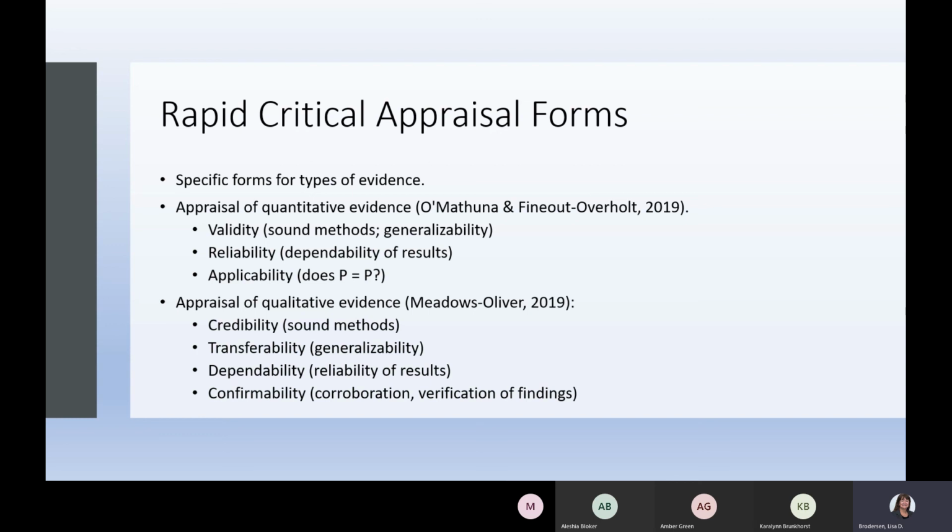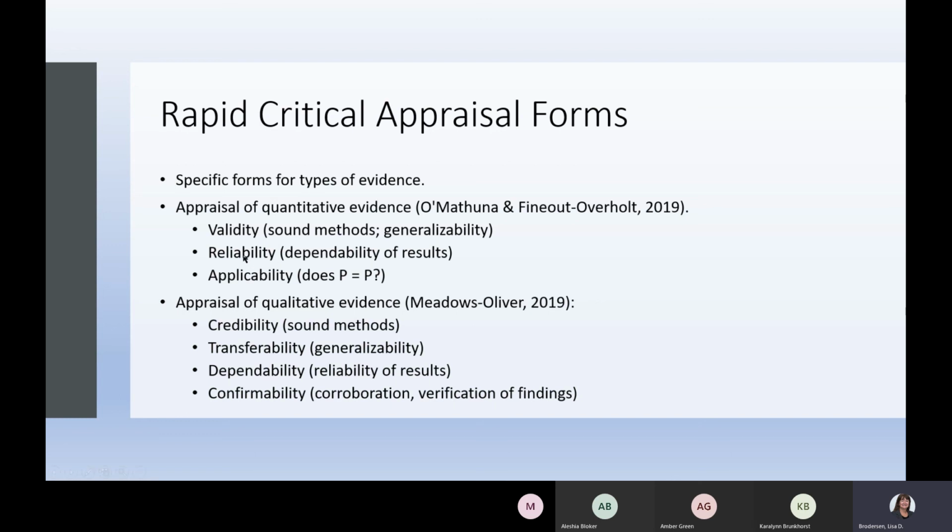In terms of completing the rapid critical appraisal form, validity is going to refer to the study methods. How sound were the methods, and what is the extent to which the findings from the study can be generalized beyond the sample or the setting where the study was conducted.